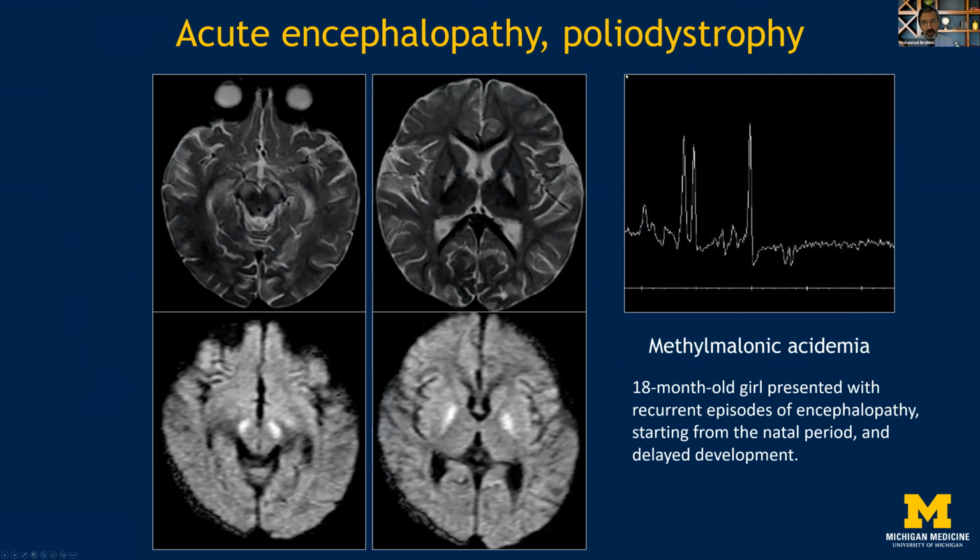This is a poliodystrophy. This is an example of methylmalonic acidemia. Realize there is an abnormal signal involving the bilateral globi pallidi extending to the midbrain with involvement of the cerebral peduncles. On the diffusion weighted images, there is restricted diffusion in these areas. Later on, there would be volume loss with gliotic changes and lack of restricted diffusion.